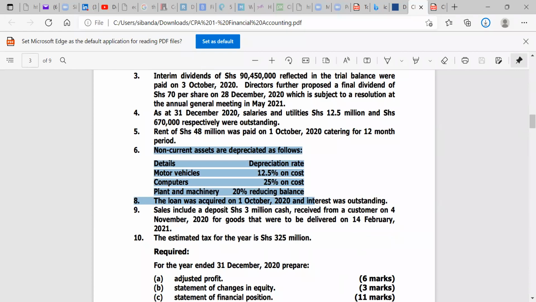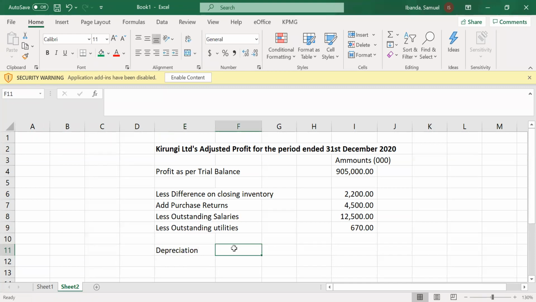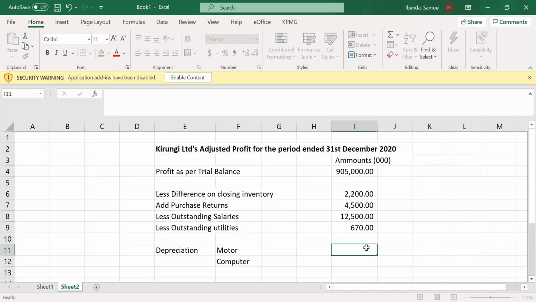So what you basically do is you just come and say less depreciation, and then you record the depreciation for motor vehicle and the depreciation for computer, putting the respective amounts that you would have gotten. I've already guided you on how to get the respective depreciation.